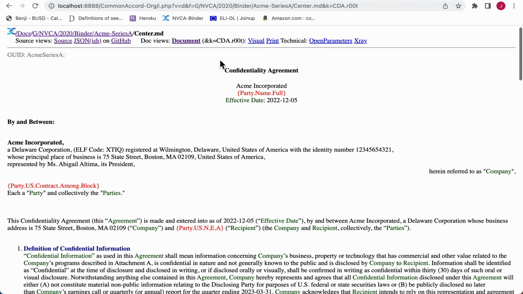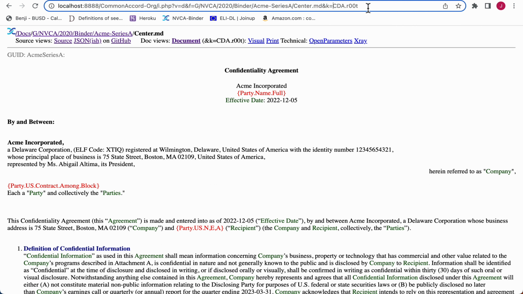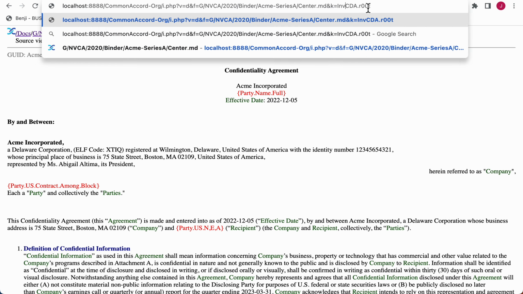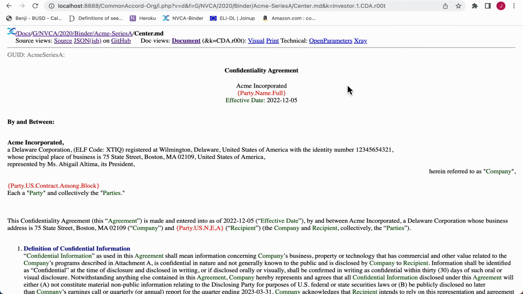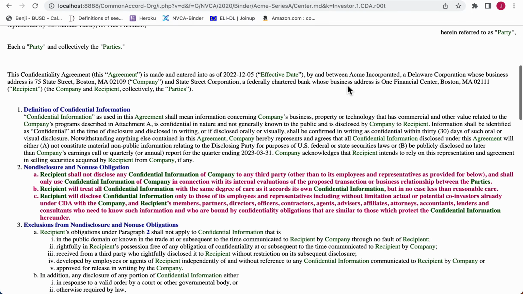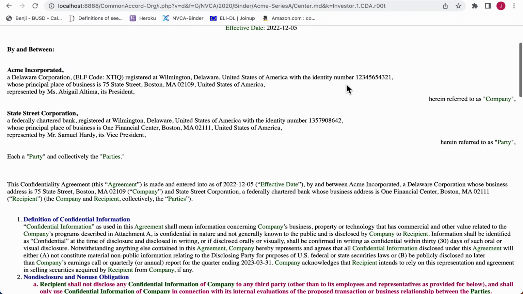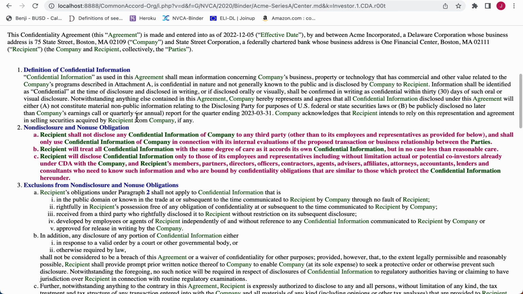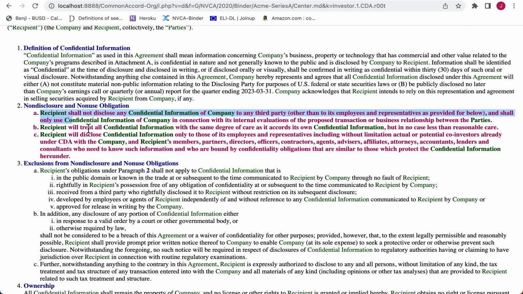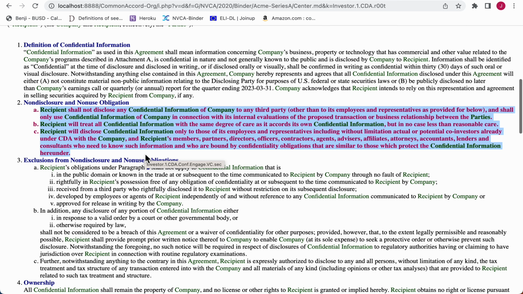And what we can do, actually, if we look up here in the browser bar, we see that what I've done is I've rendered the CDA at its root, but we can also do it for a particular investor, like that, in which case it actually has the information for the investor. And notice, since this is State Street Corporation, which is in my hypothetical masquerading as a VC, we've got the specific information regarding their set of obligations tailored for the VC.